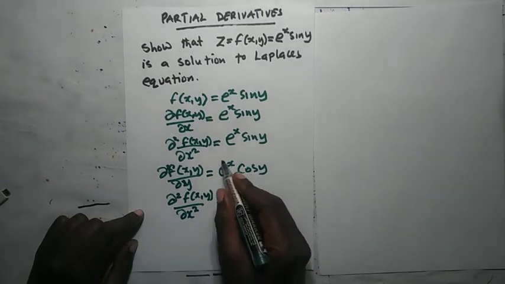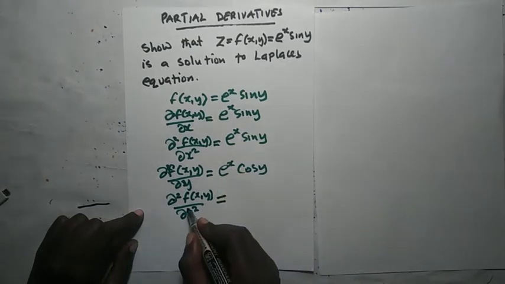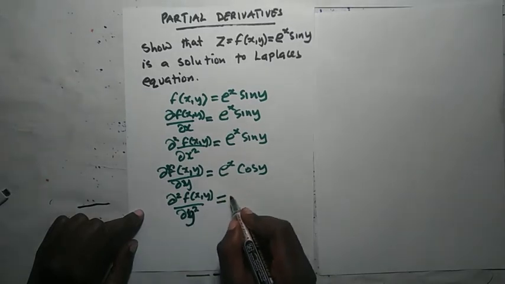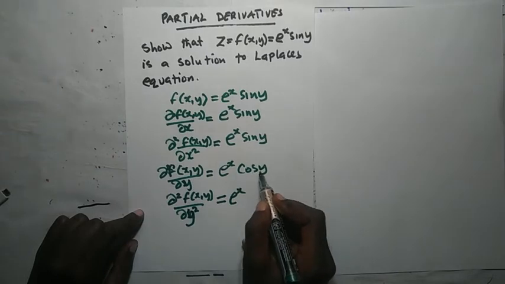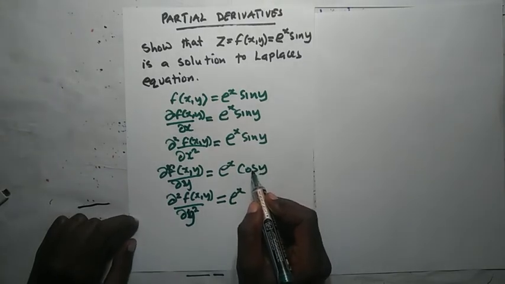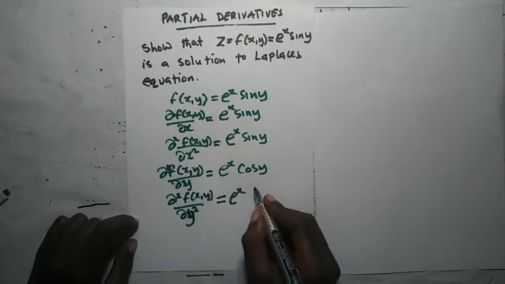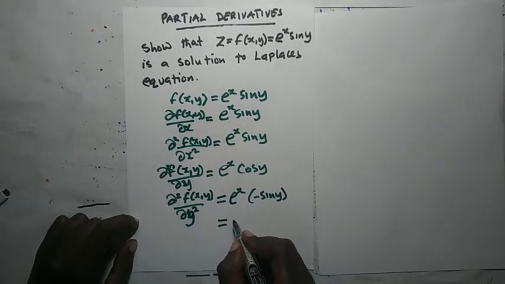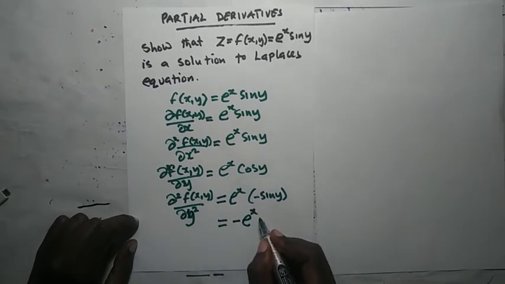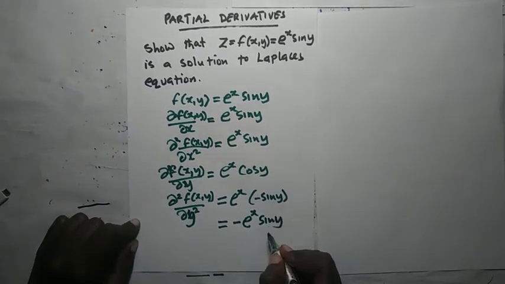So here, e to the power x will be treated as a constant, and then the derivative of cos y with respect to y is negative sine y. And so this is going to be negative e to the power x sine y.